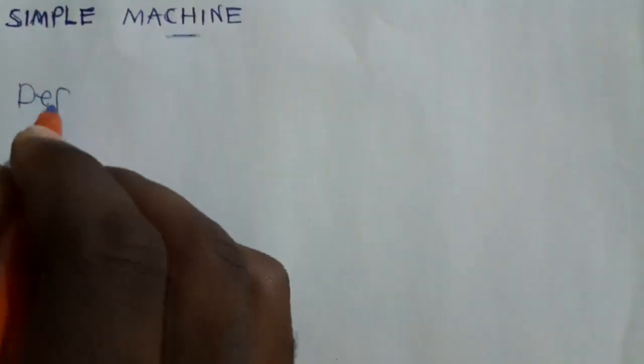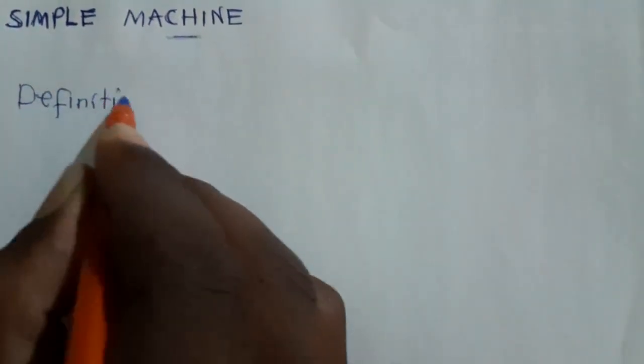So we are talking about a machine. This topic is called simple machine. Now, what is a machine? We just focus on the word machine. To give a definition, what is a machine?